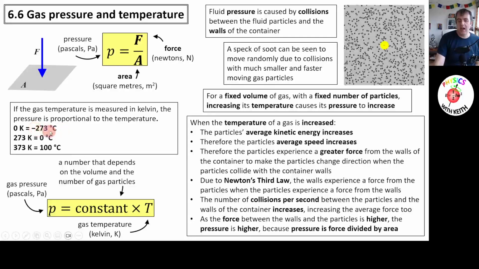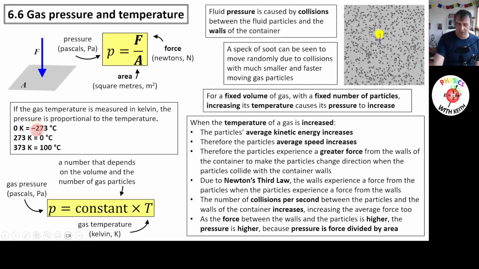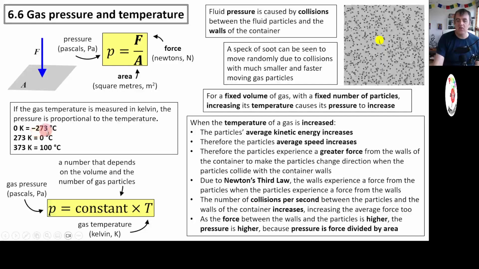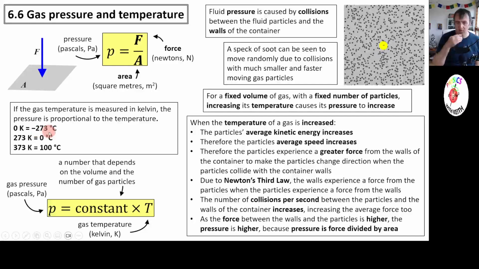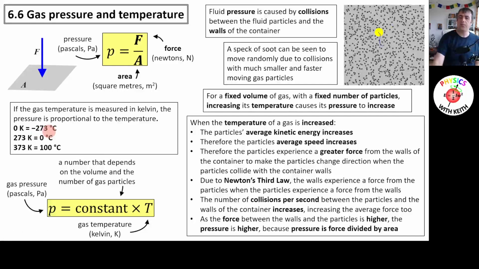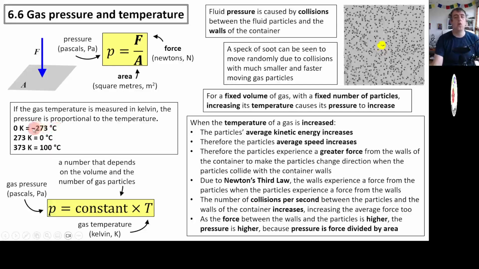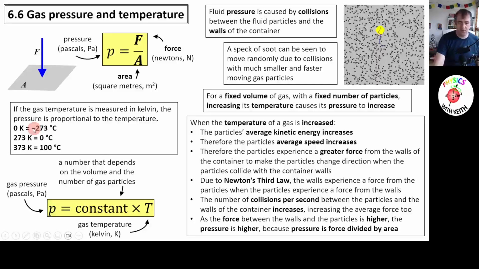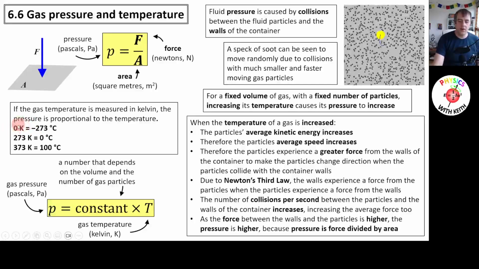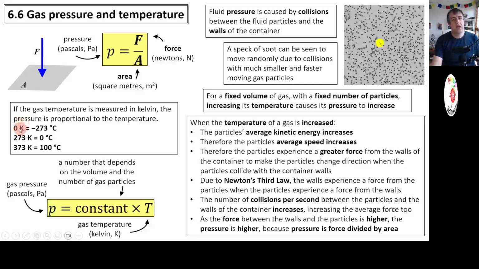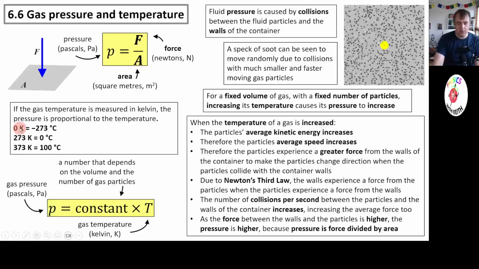And the temperature when that happens is the same for all substances. It is negative 273.15 degrees Celsius. At negative 273 degrees Celsius, all movement stops. And so we now have a new unit of temperature, the Kelvin, and we say 0 Kelvin.